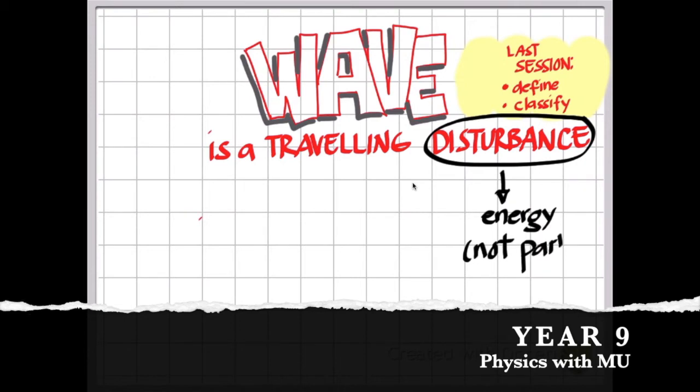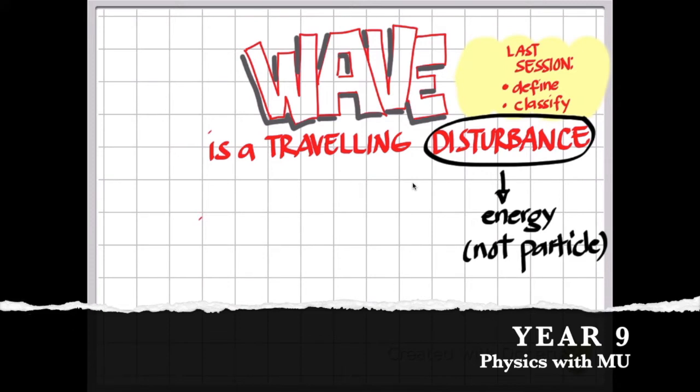It's actually the imparted energy and not the particle. So basically, a wave is a traveling energy, but in the process, it doesn't transfer the particle. It remains there in relatively the same position.